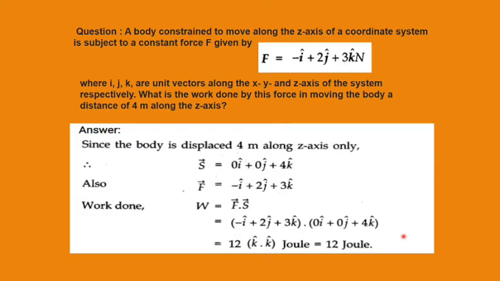Both ways you should be able to work out the things. And of course, you should keep in mind that all the time we are talking about the constant force when we are talking about the dot product of the vectors in these particular cases.